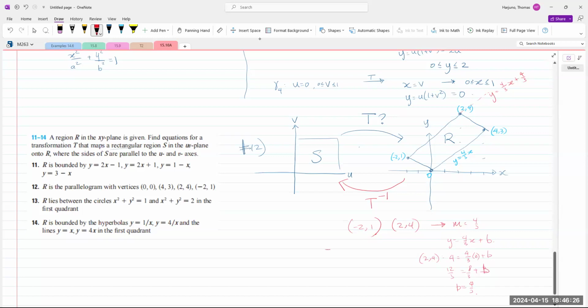Let me check. So 1 equals 4 over 3 times negative 2 plus b. So 3 over 3 equals negative 8 over 3 plus 4. Something not right there.